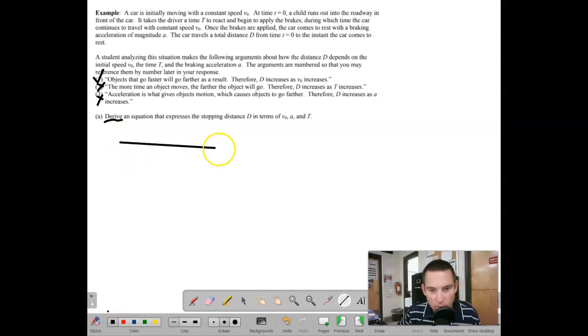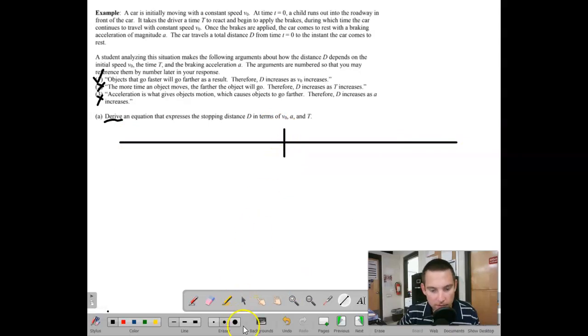We know this problem has multiple stages to it. And what are those stages? We know for the first situation, it's moving with a constant speed. And then there's time that it takes to react. While the car is moving, the driver's brain is thinking, uh-oh, lift your foot up off the gas and hit the brake.